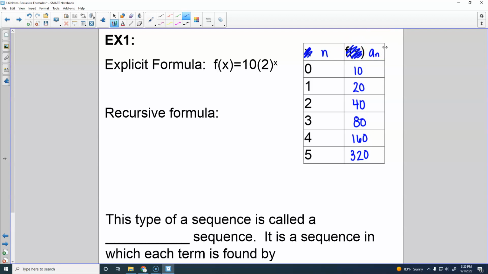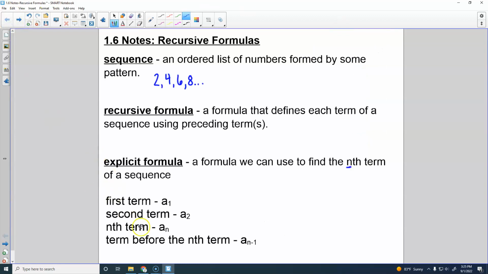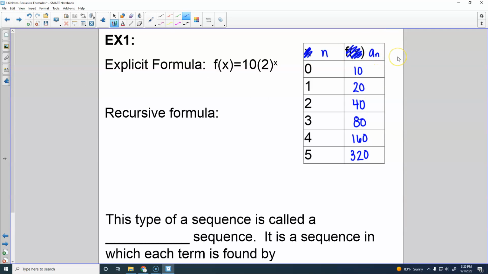So as I was using that notation earlier, like if it was the first term, it's a sub 1, the second term is a sub 2, and so forth. So in this particular notation, this would be called the term a sub 0 because your n value here is 0. This would be a sub 1, a sub 2, and so on there.